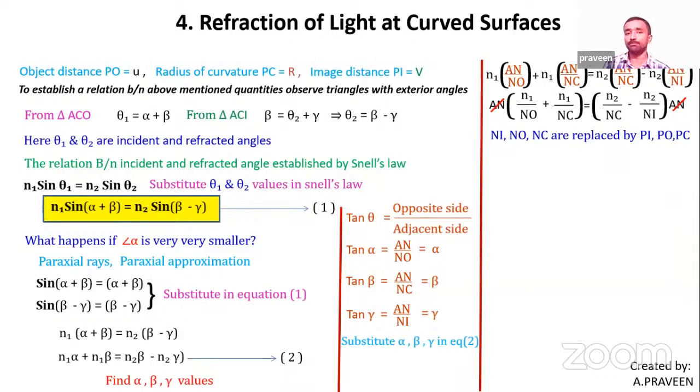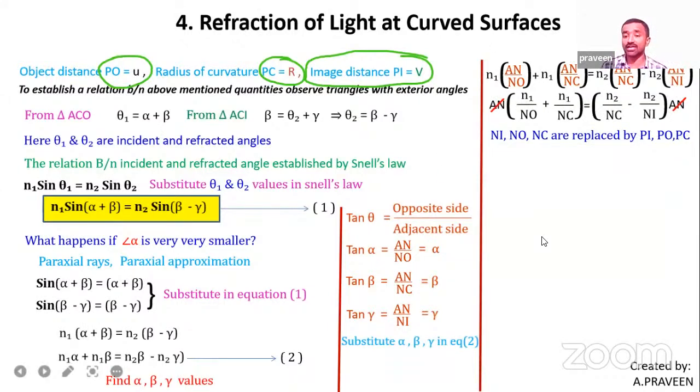I already mentioned these at the beginning. Then let us substitute these values in the above n1 by NO.